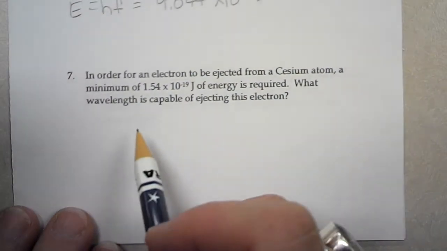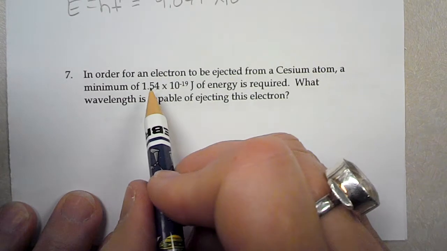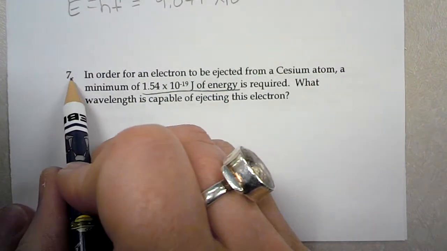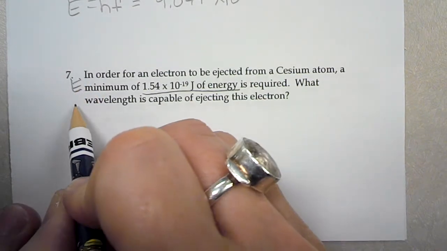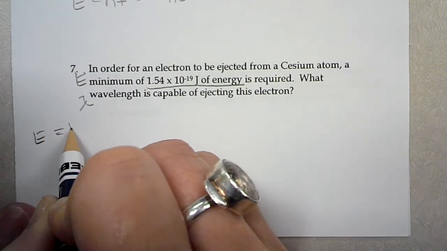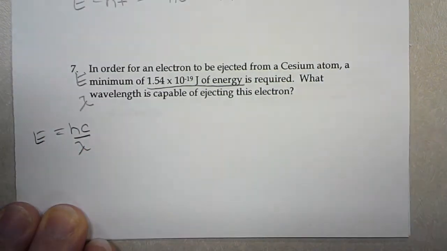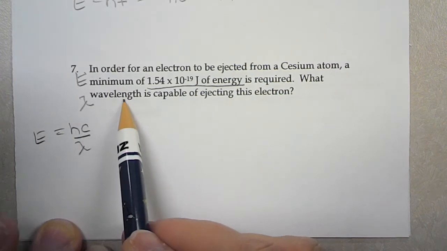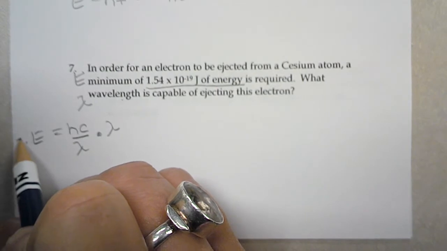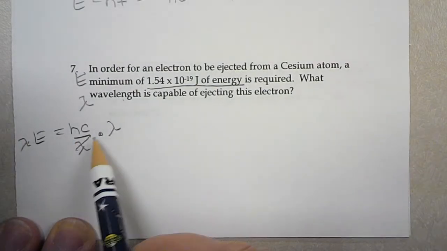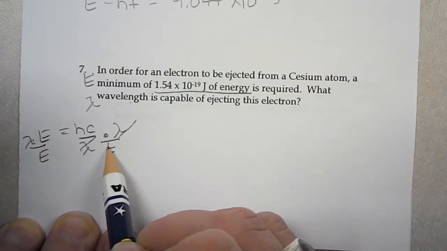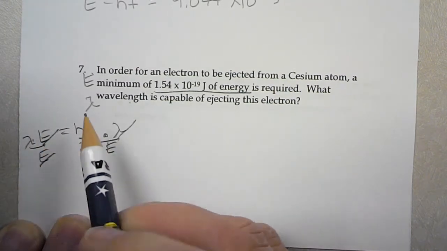In order for an electron to be ejected from a cesium atom, this much energy, so this number is energy, so I have energy here, and they want to know the wavelength, so I need a formula that has energy and wavelength. Well, energy is equal to Planck's constant times speed of light over wavelength, but I need to rearrange it, right, because I'm looking for wavelength. So I'm going to multiply this side times wavelength and this side times wavelength. These cancel. Now I need to divide this side by energy and divide this side by energy to get rid of my E's because I want wavelength alone.